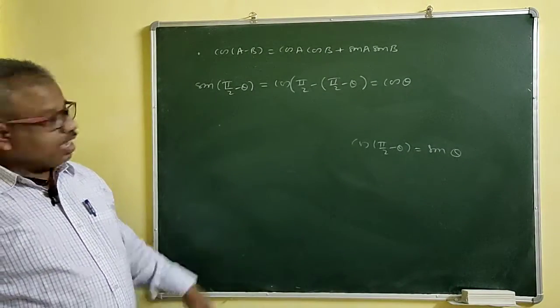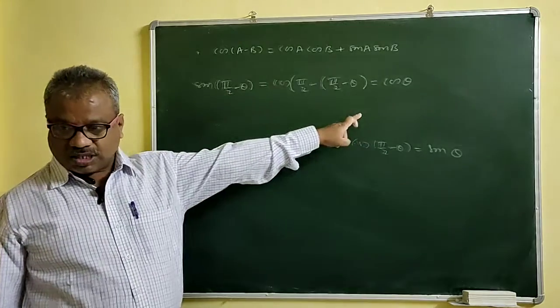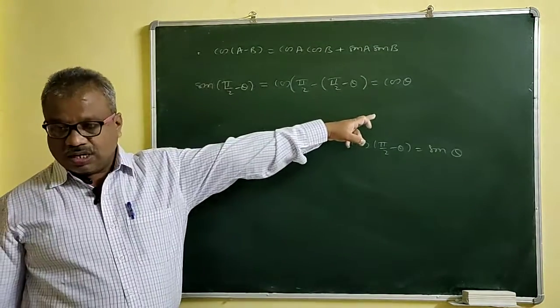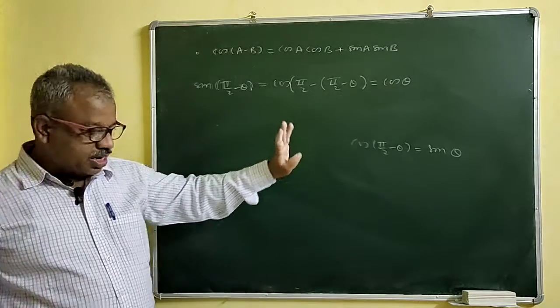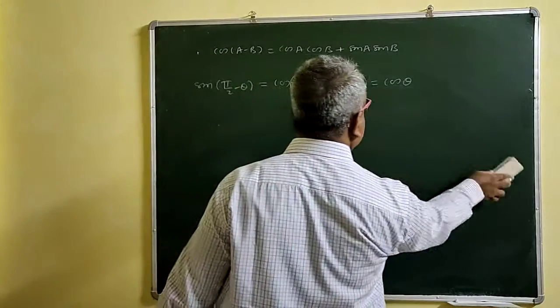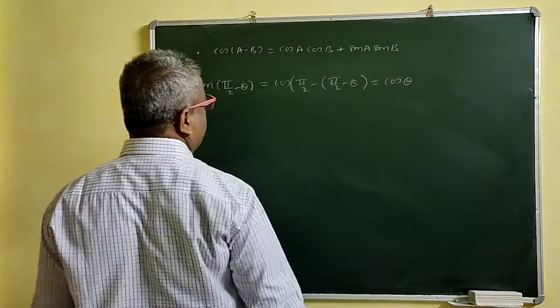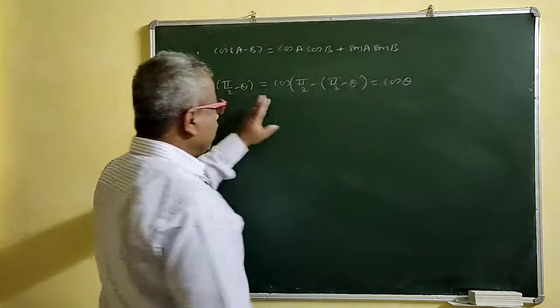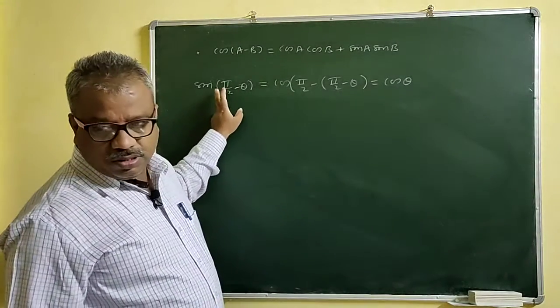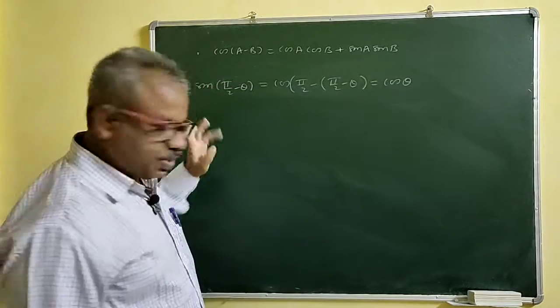Again the same thing here: sin pi by 2 minus theta is the same as cos theta, and cos pi by 2 minus theta is sin theta. You have to take care of this one. Remember that. So sin pi by 2 minus theta is equal to cos theta. If you forget this, you can develop it. After some time we will get a formula for sin A minus B also.